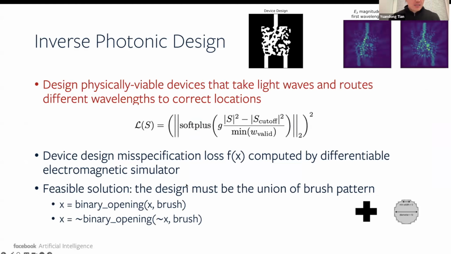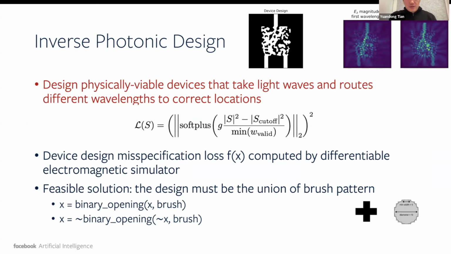We can also apply these ideas to inverse photonic design, which is also a production use case. In that case, you have an 18 by 80 grid, and you want to put 0s and 1s, which indicate whether you have material or not, onto the plate, so that the entire structure can bend the light, shooting from the top to different branches depending on their wavelengths.